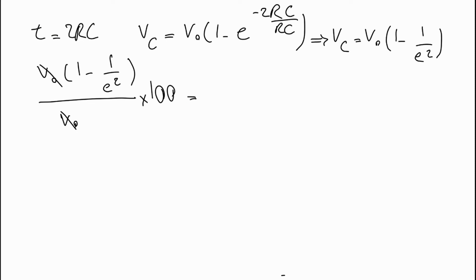So this would give us 86.4%. So we can see that on the first time constant, the voltage reaches 63.2% of the maximum, and after two time constants, it would reach 86.4%.